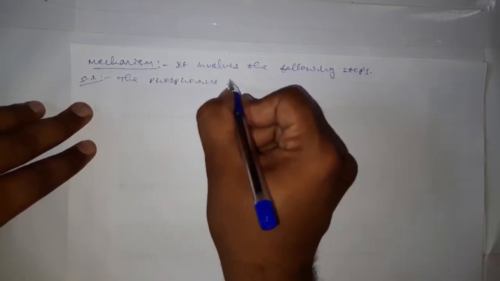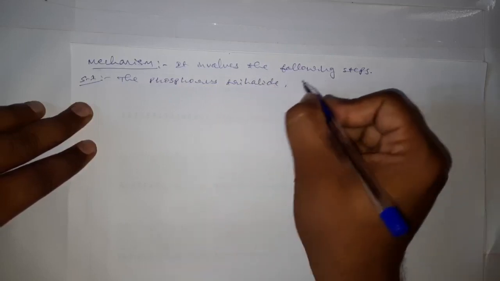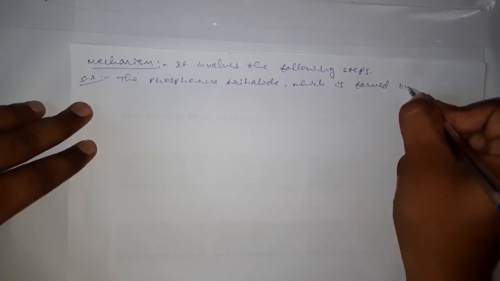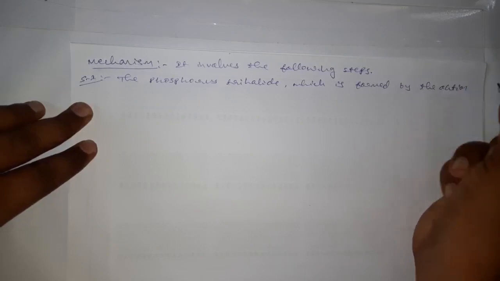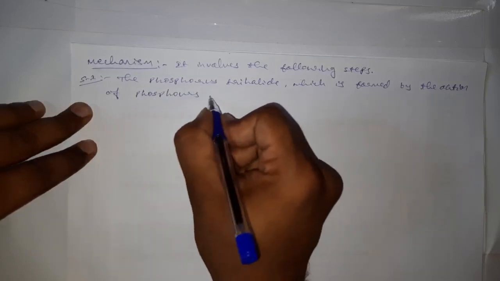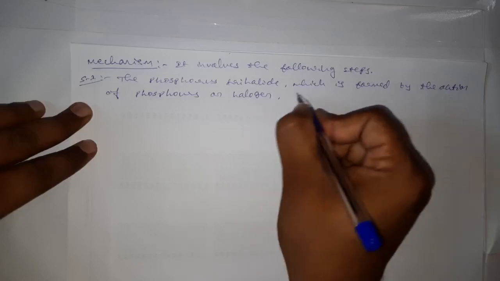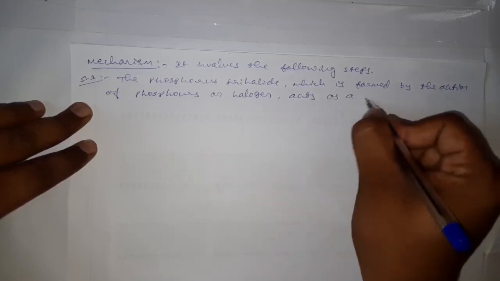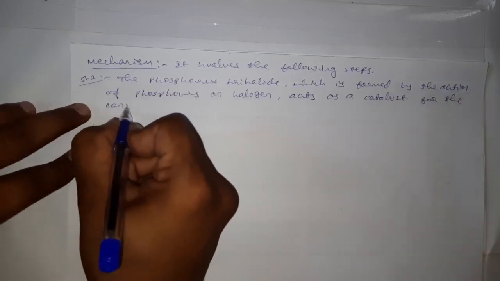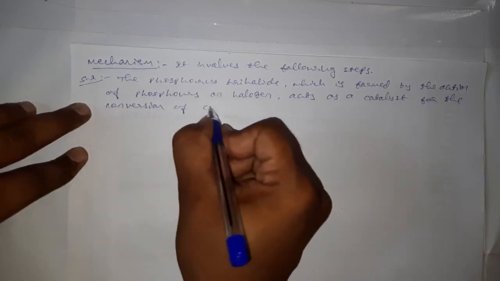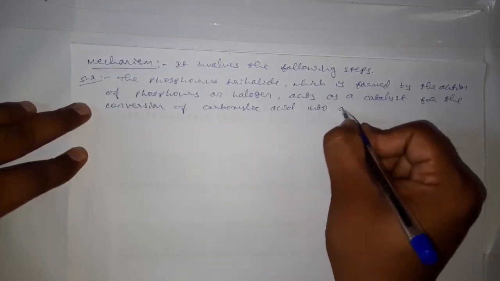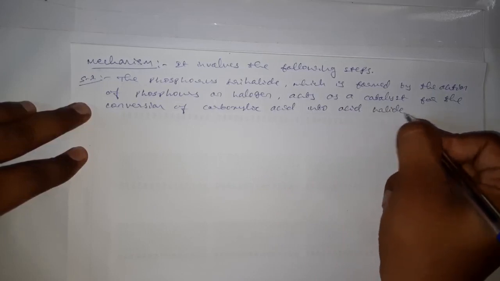The phosphorus trihalide, which is formed by the action of phosphorus on halogen, acts as a catalyst for the conversion of carboxylic acid into acid halide. Correct?